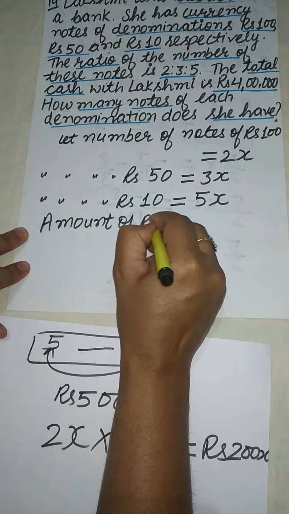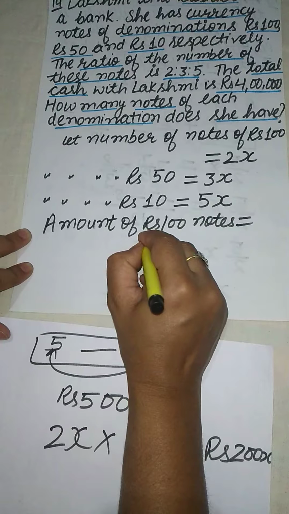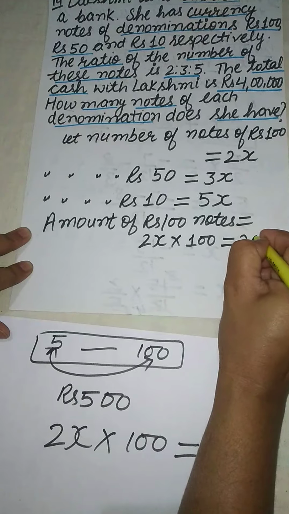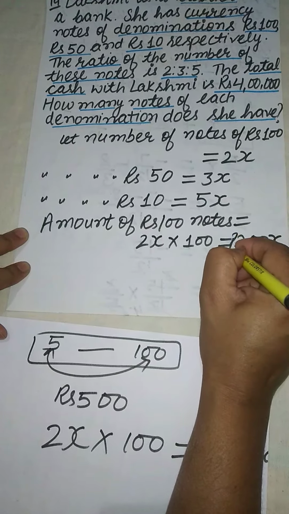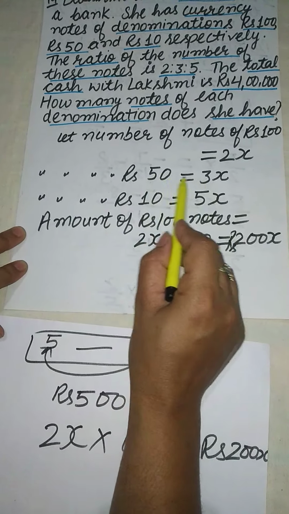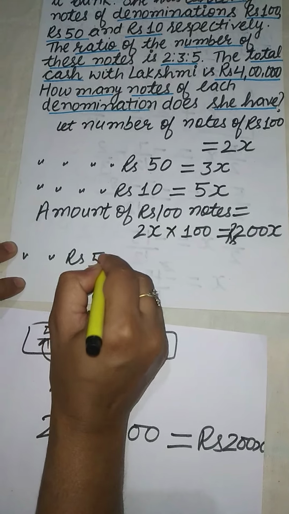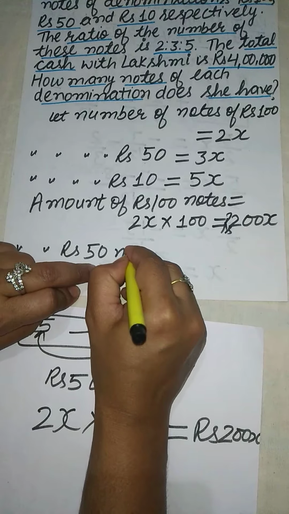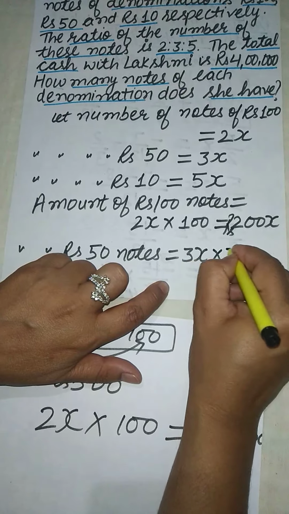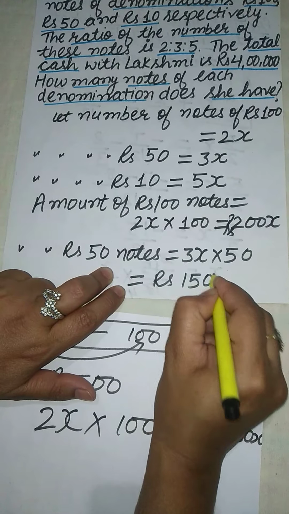So write down: amount of rupees 100 notes is equal to 2x multiplied by 100, that is equal to rupees 200x. Next, for rupees 50, again we will multiply the two terms. Amount of rupees 50 notes is equal to 3x multiplied by 50, that is rupees 150x.